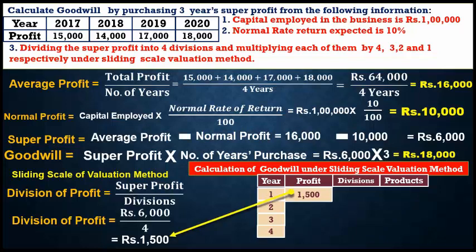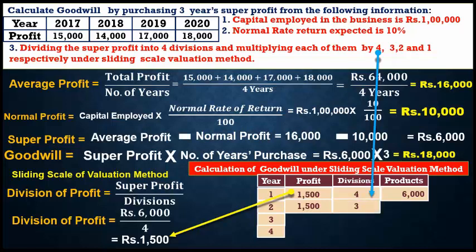Okay, division of profit 1,500, divisions 4, so 1,500 into 4. What is the product? Rupees 6,000. Second year, the same division of profit is taken for all years. Rupees 1,500 into division 3. 1,500 into 3, what is the answer? 4,500.